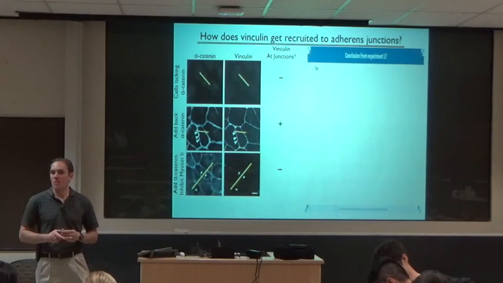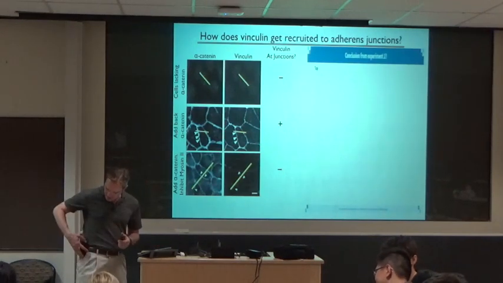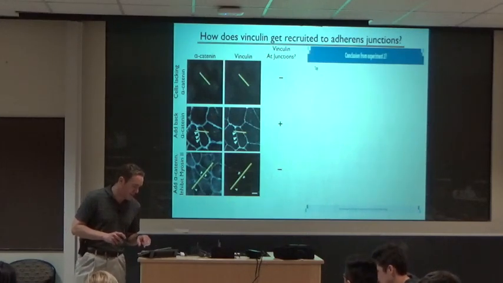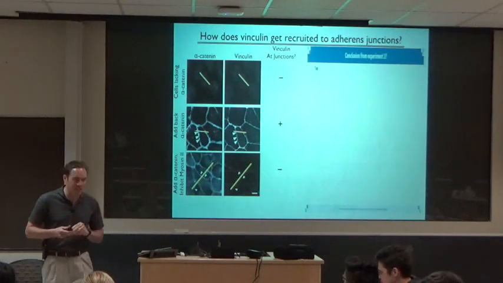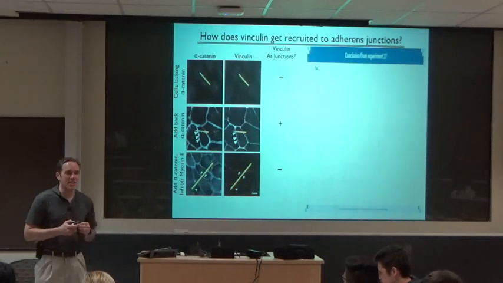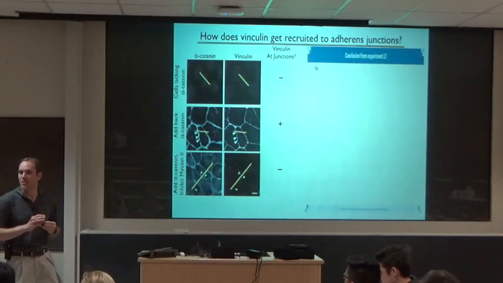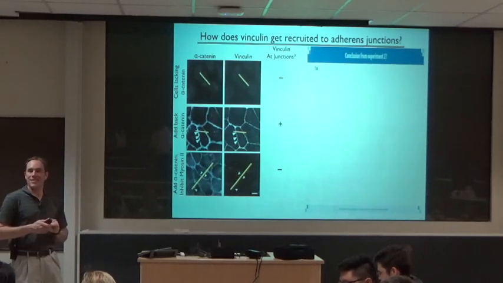Okay, so I have one response here that's kind of interesting. It says myosin is required to bring the vinculin molecule to the membrane to bind alpha-catenin. So that's a totally reasonable idea, except that myosin 2 is not a cargo-carrying myosin like myosin 5. Okay, so you guys talked about myosin 2 in muscles, right?